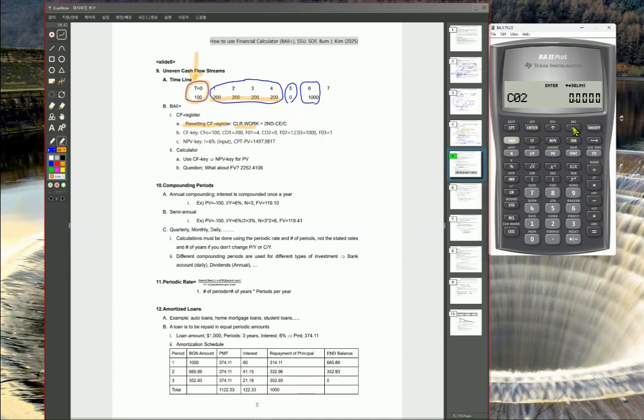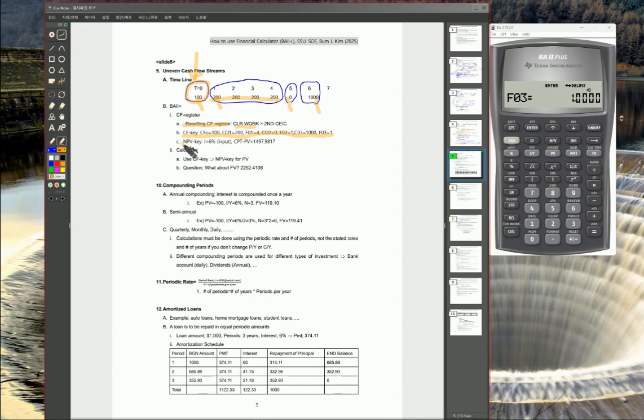Next cash flow is 0, so enter, go down, frequency 1, only one time, and the next cash flow C03 is 1000, enter, go down, it's 1. So you enter all those 7 cash flows. Even though there are 7, you only enter 100, 200, 0, and 1000. Why? Because you can use the frequency key to enter $200.